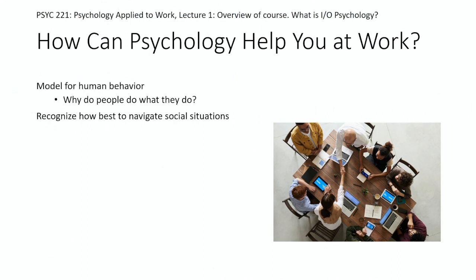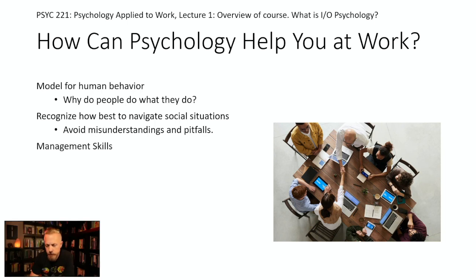That helps you navigate social situations, avoid misunderstandings and pitfalls, and all of these things grow your management skills. It makes you a better leader, whether that's a formal leader or just what's called influencing without authority, understanding people better and having an objective model with which you can ascribe behavior.